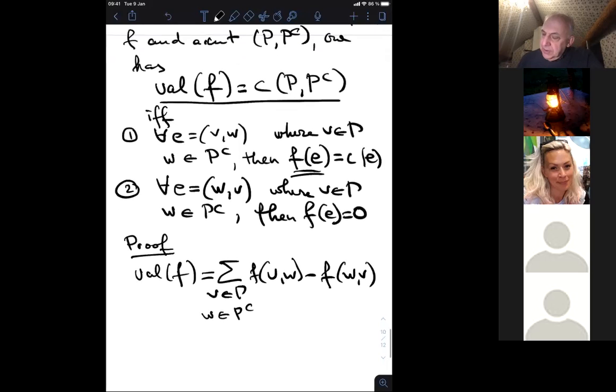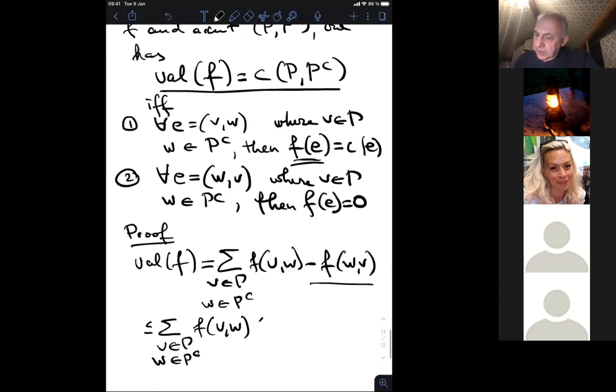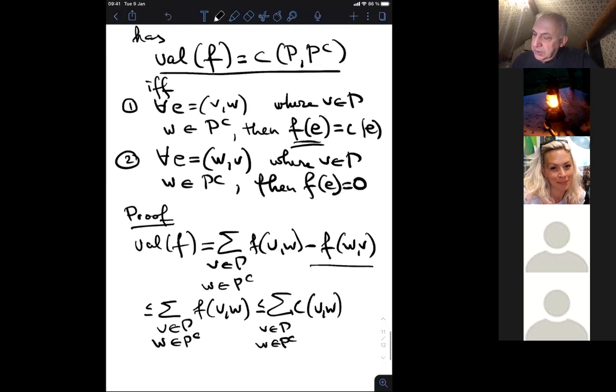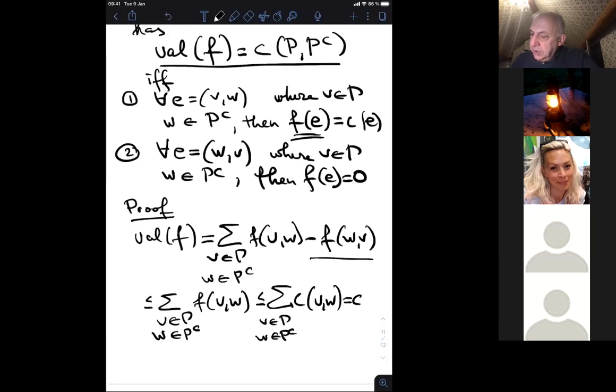And this is of course smaller or equal, if we remove the second term which comes with the minus sign, to the sum over V in P, W in P complement of F of VW, and this is smaller or equal than the capacity of the corresponding edges, which is by definition the capacity of the cut P, P complement.